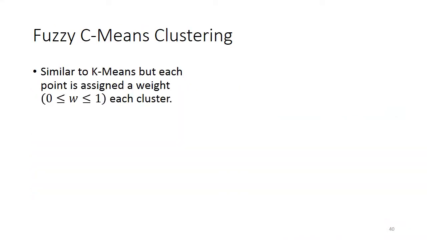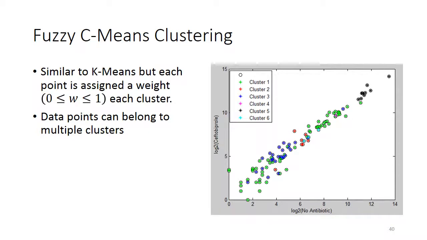So fuzzy C-means is similar to K-means clustering, but is non-exclusive, such that each point is assigned a weight between 0 and 1 to each cluster, and the data points can belong to multiple clusters. As we can see here, we've applied fuzzy C-means clustering to the same dataset, and we get a similar pattern, where each of the colors represented is actually the cluster that has the highest weighting for that data point.